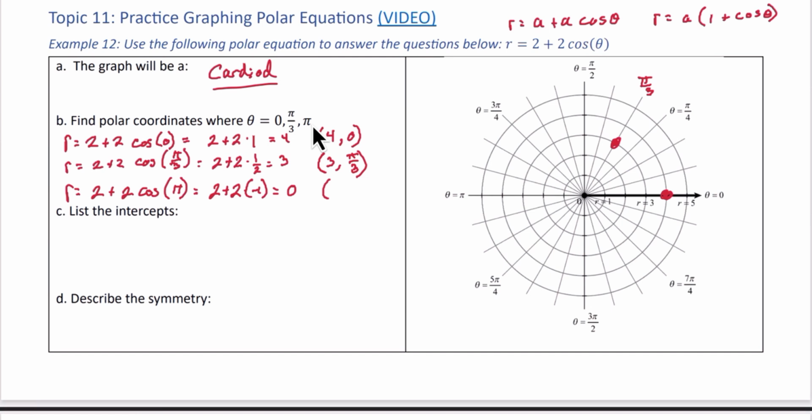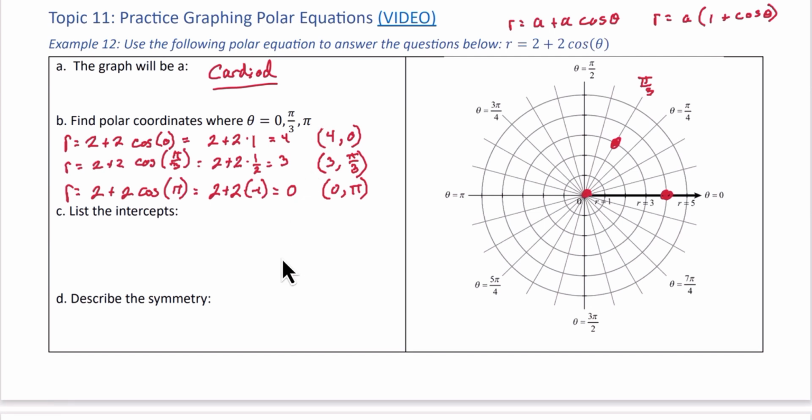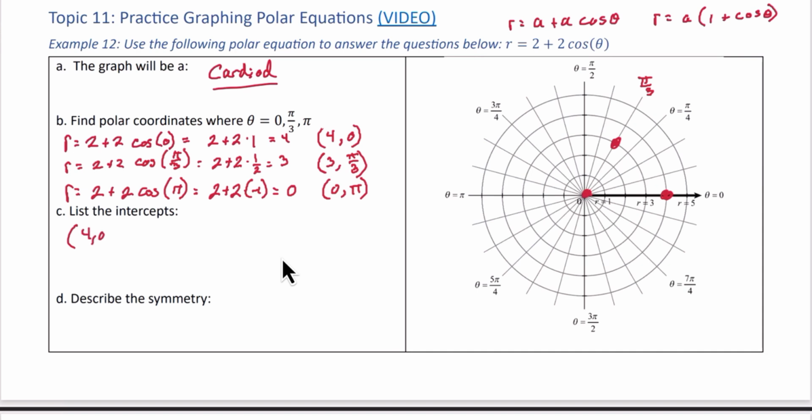That means we're looking for the point 0, pi. R is 0, theta is pi. So that's going back to the origin, or the pole in this case, since we're talking about polar coordinates. For the intercepts, we can see that we have 4, 0, and 0, pi.